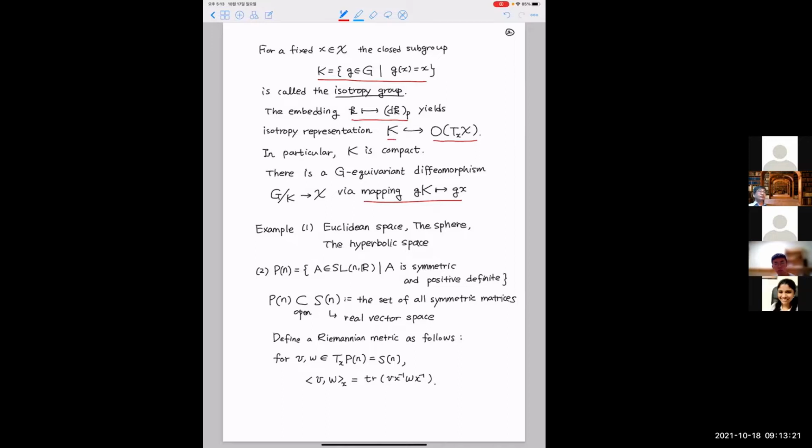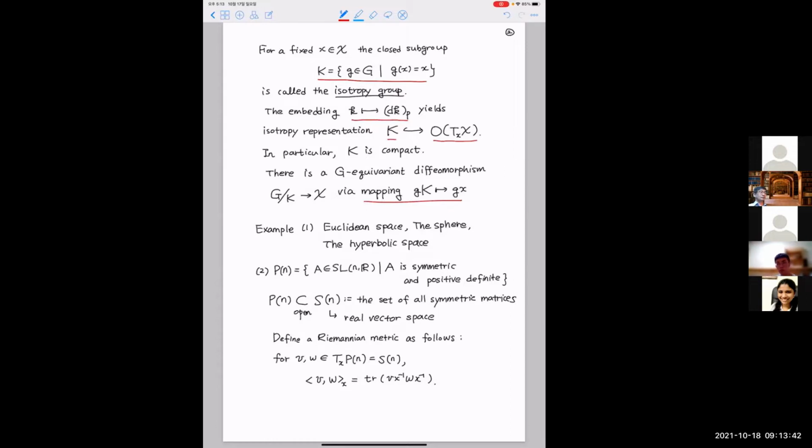Then here are examples of symmetric spaces. The simple examples are Euclidean space, the sphere, and hyperbolic space, which has constant sectional curvature -1. These are the very simple examples.